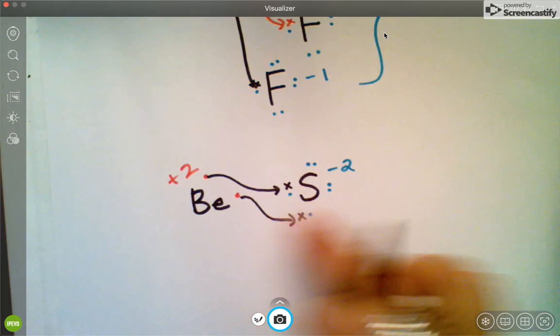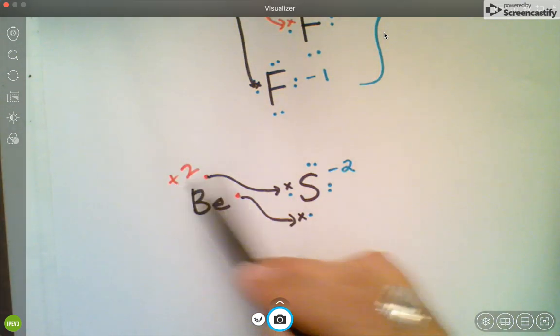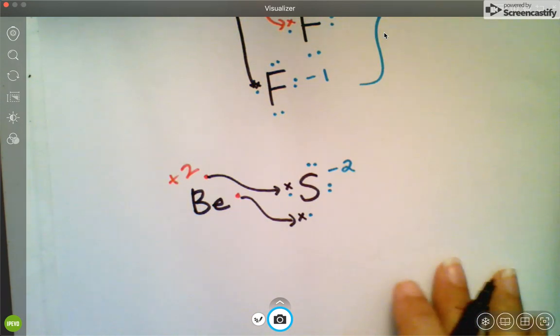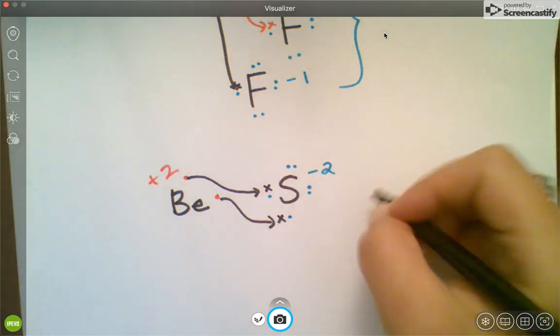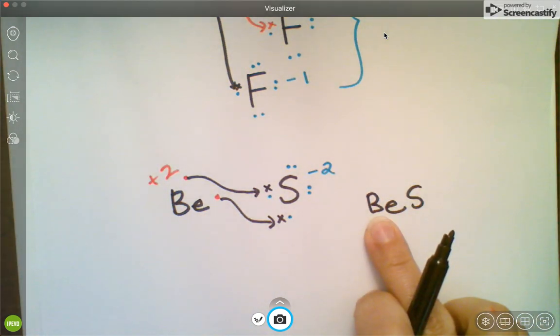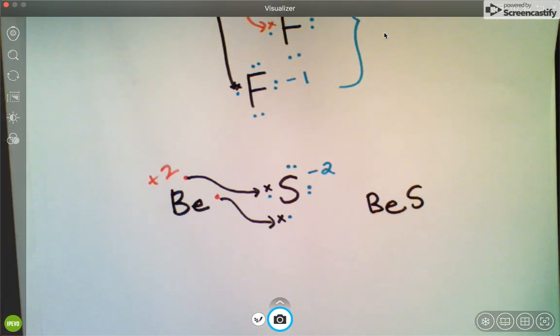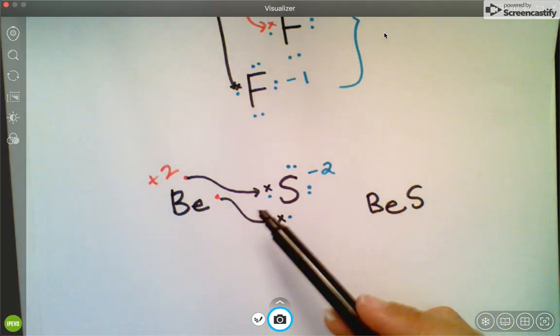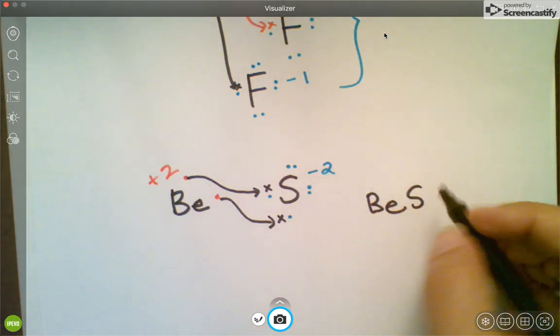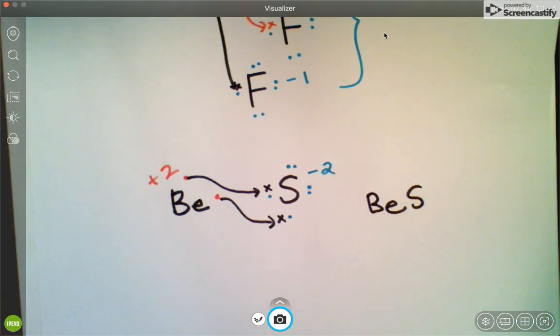So in this case, we have a +2, -2 neutral compound, so we know that we are on the right track. In terms of the formula for this, we would write BeS. There's only 1 beryllium and 1 sulfur that was required to make this compound. In a later video, I'll show you how to use the charges to crisscross to determine the formula.